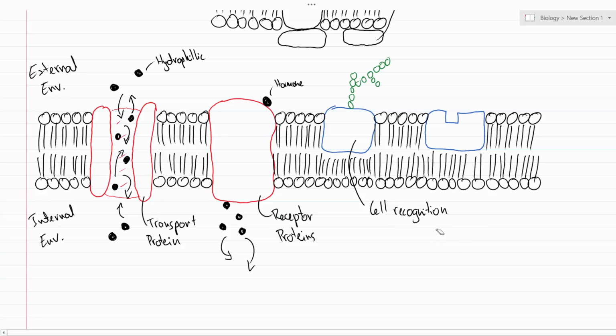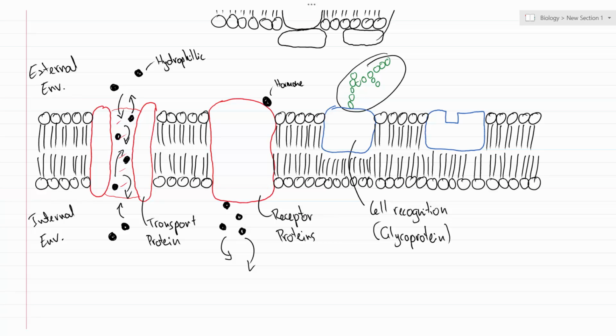This would be an example of a glycoprotein, not a glycolipid, because we've got carbohydrate here being bonded to a protein, not a lipid. Sometimes you get glycolipids, but this would be a glycoprotein, carbohydrate bonded to a protein.